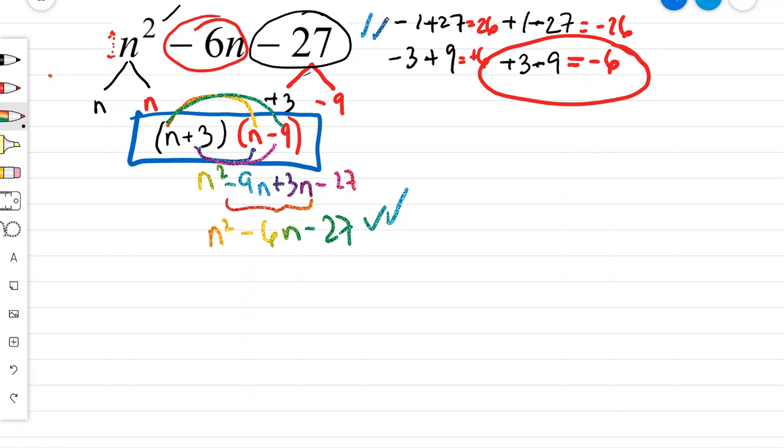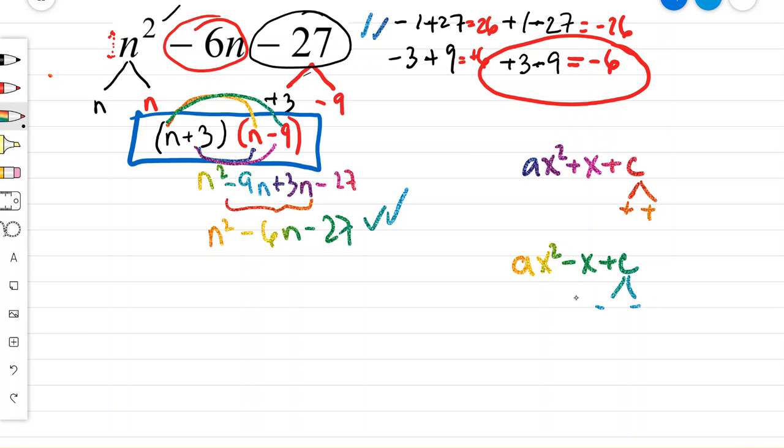Other than that, you now have your 3 different examples. I put an n and I meant to put an x. If you have x squared plus an x plus a constant, then you're going to have a positive and a positive. If you have an x squared minus an x plus a constant, then you're going to have a negative and a negative.